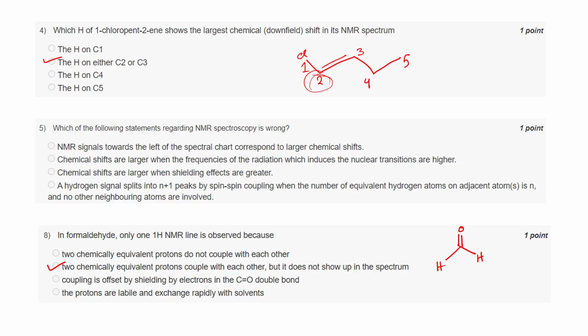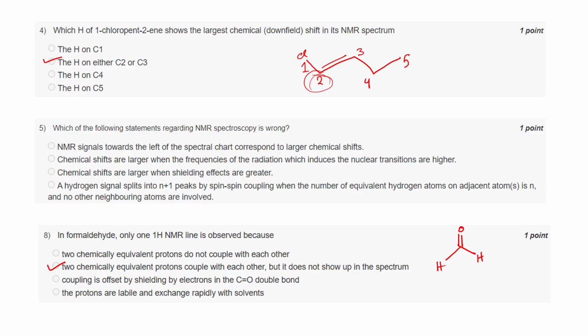As you already saw from the energies, it varies with your B0. So if B0 is less, B effective is less, then it is going to be shielded and be on the right-hand side. So the chemical shift will be less.